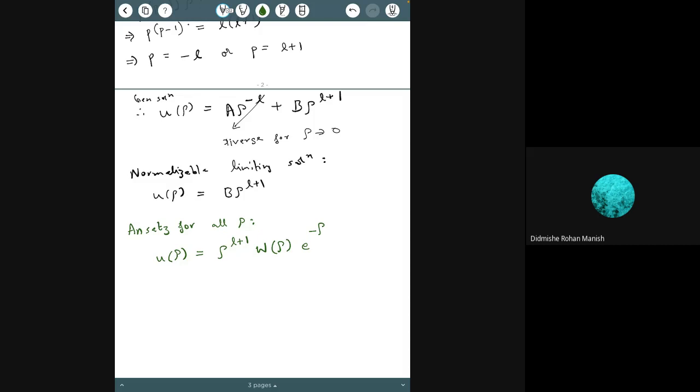So you sort of assume a form where your limiting solutions are present, and then you multiply it with something general, so that you solve for that and then you obtain the exact solution. And the idea is that once you have the limiting solutions in place, the equation for W or the general part becomes simpler.